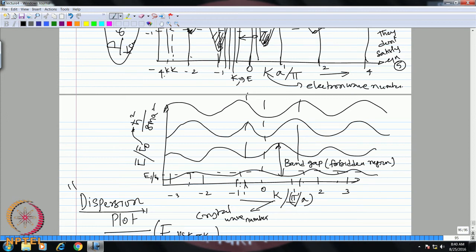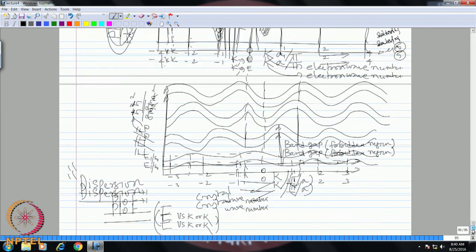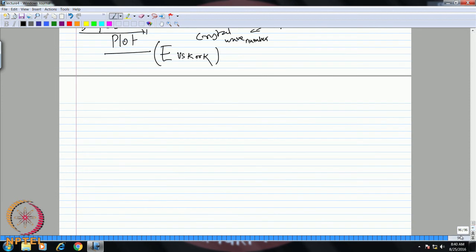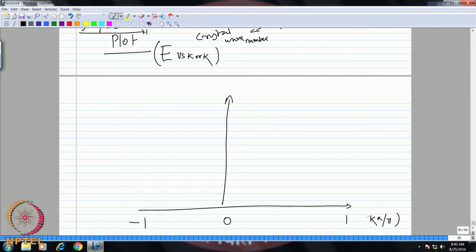So, that is the unit cell about which the dispersion curve is also periodic, and if you just plot only for that region, we are talking about -1, 0, 1. So, we have kappa a by pi, and we are plotting E by E naught.